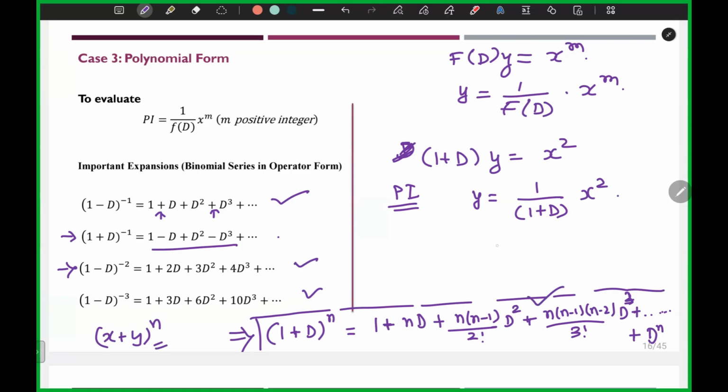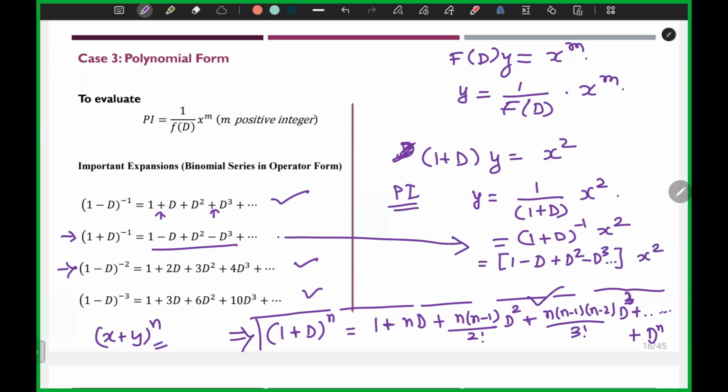So here what we are getting is nothing but 1 plus D to the power minus 1 on x square, right? So it is nothing but 1 minus D plus D squared minus D cube and so on, into x square. If you multiply it, it becomes x square minus D of x square.